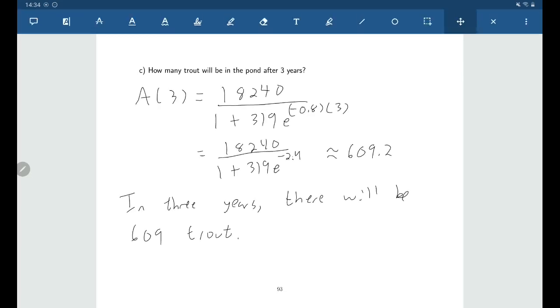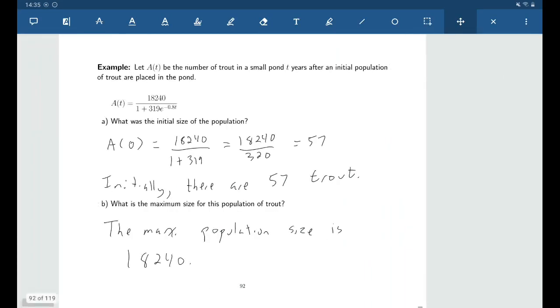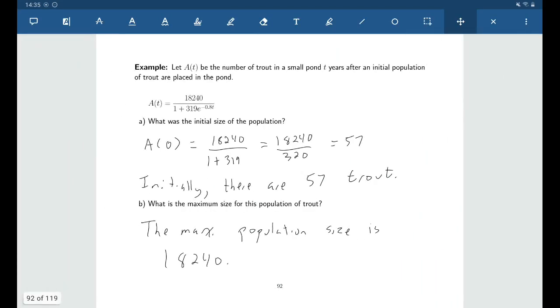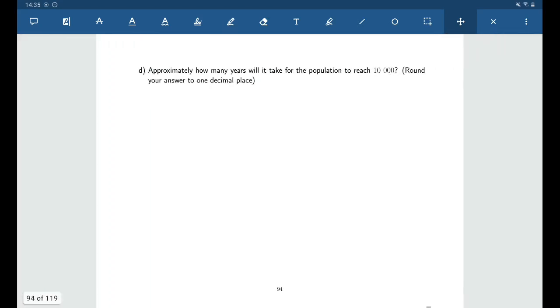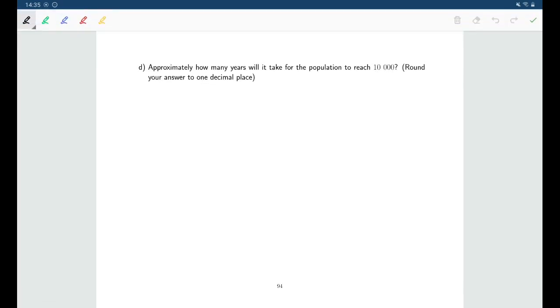All right, and there's one last question that I want. So we know the maximum population size is 18,240. And we might want to know then, well, since we're going to have a maximum size of 18,240, then at some point the population must reach 10,000. So when is A of t equal to 10,000?